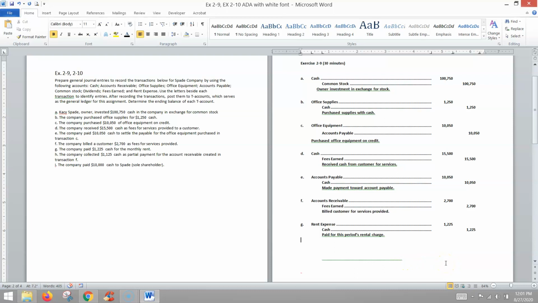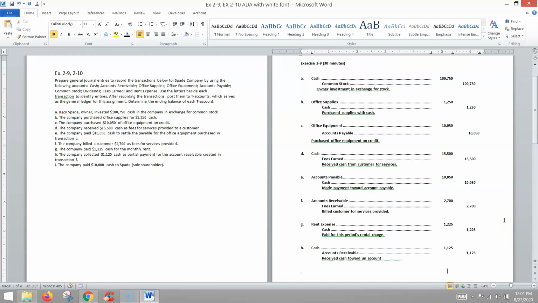We are receiving cash, and our accounts receivable is going to decrease. So that's going to be our credit because now they owe us less because they've paid part of what they owe. So we're going to debit cash for $1,125, and we're going to credit accounts receivable for $1,125.